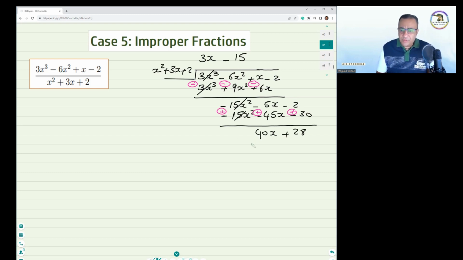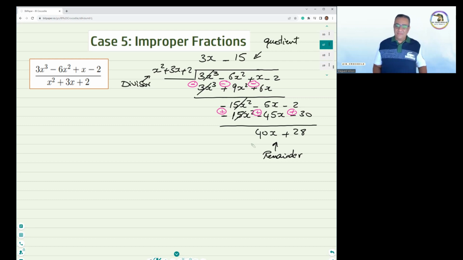Okay. So now this guy here, we call it the remainder, which is the remainder over whatever we divided by. And this guy here, we call it the divisor. And this is basically the quotient, or the result of the long division. So now we can rewrite the improper fraction that we started with.